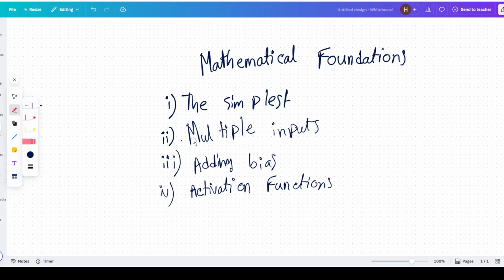Here we will be covering the simplest single neuron, the multiple inputs, and then how the bias works and the activation functions.